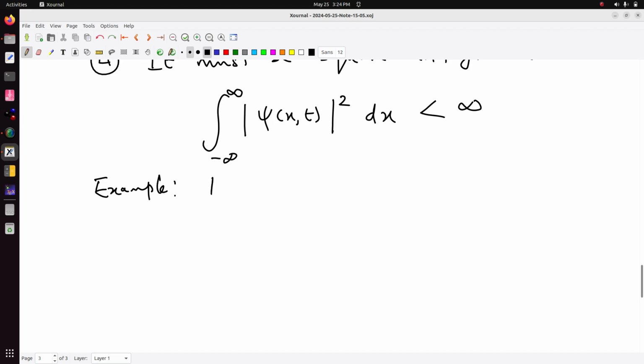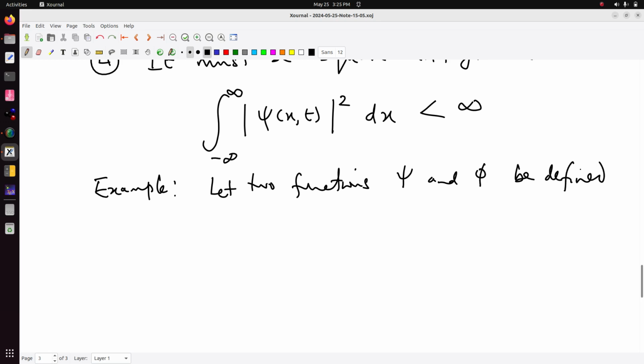Let two functions, the first function psi and the second function phi, be defined in the region 0 less than x less than infinity.